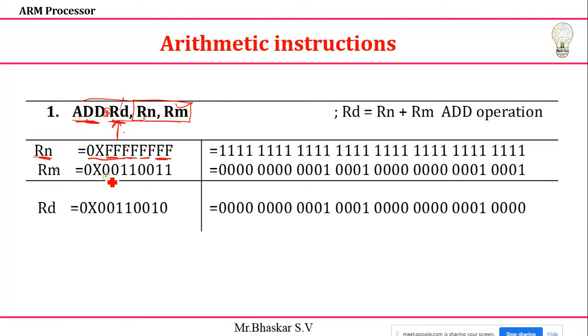It is also 4 bytes of information, 0011 0011. These are the two data I'm going to take. If you give the instruction Rd, Rn, Rm, the Rn content will be added with Rm, and the result will be stored in the Rd register.